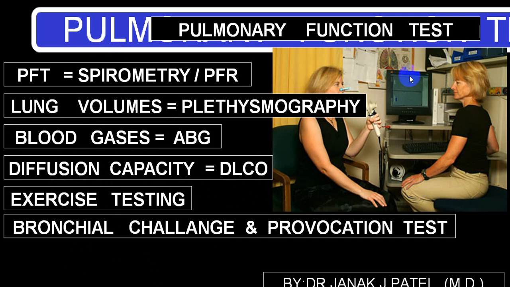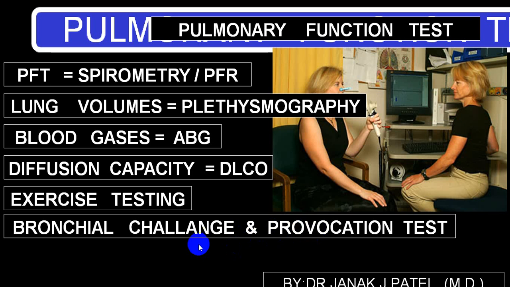And then while doing a spirometry, depending upon the reading interpretation, you can go for a bronchial challenge test or a provocation test. These are mainly done when you are suspecting a bronchial asthma with normal report. So whenever you do a study and you are suspecting a bronchial asthma, and if the report is normal, you can go for a provocation test.